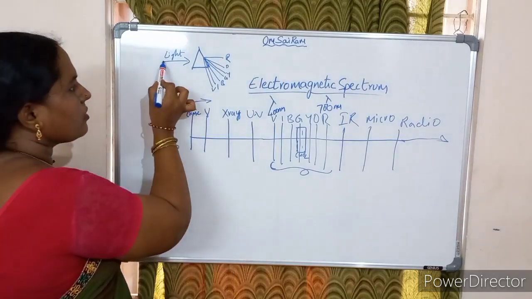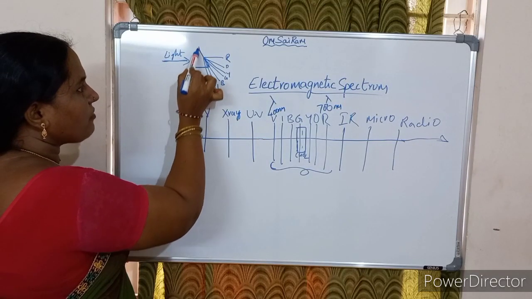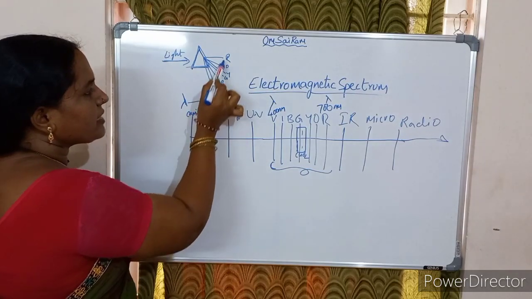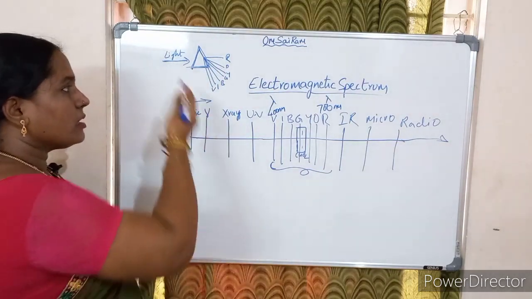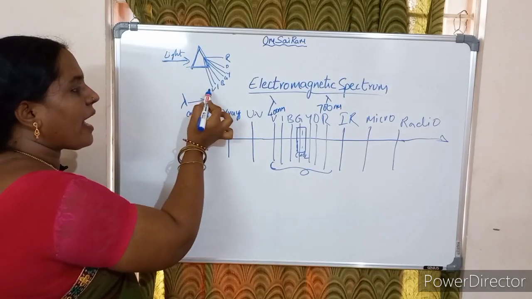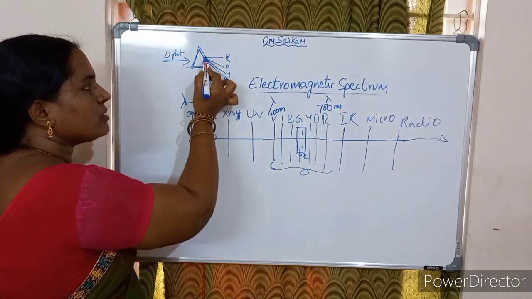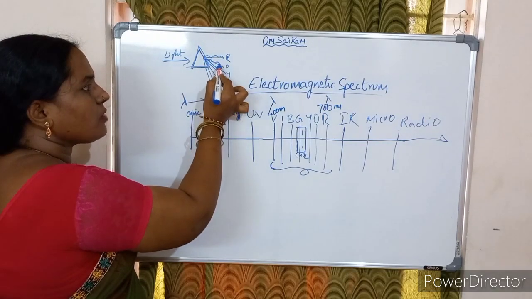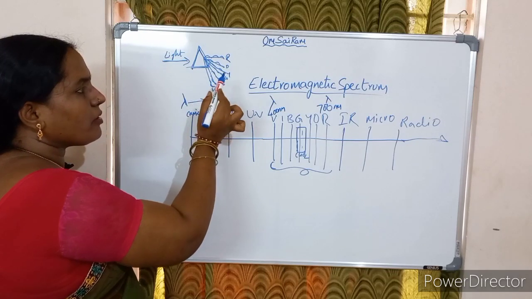With our naked eye we can see only a single light, but after passing through the prism we can see 7 colors. This means white light radiation has a wide range of wavelengths, different waves. This is one wave, this is one wave, and so on.